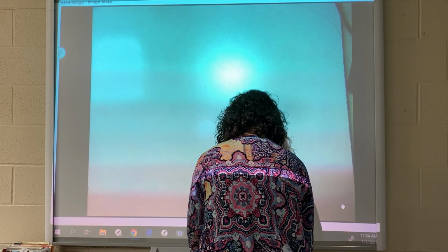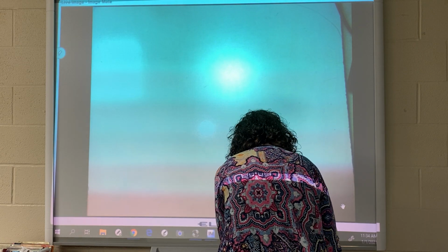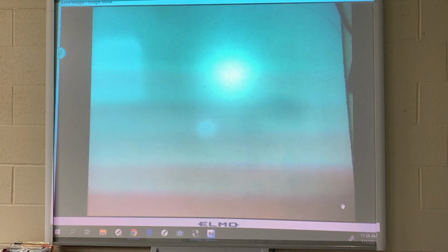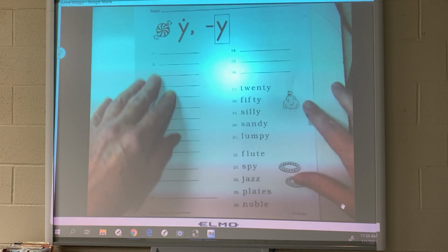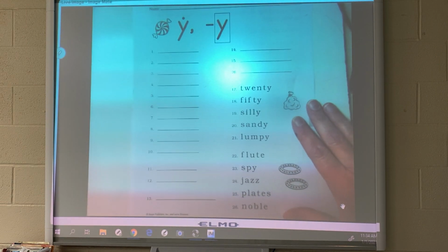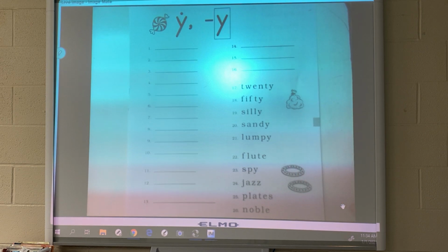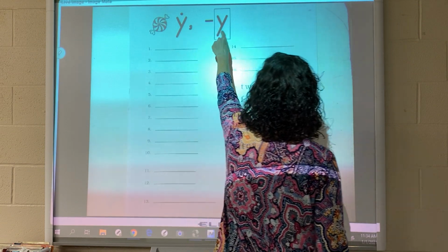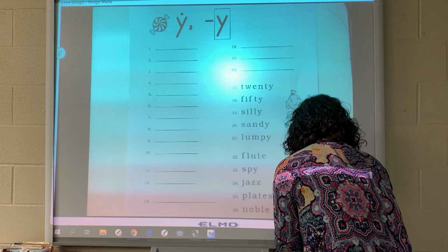All right, let me put our worksheet up there and we'll get to the next part. So today on this we're going to be doing both Y that says long E and Y that is a suffix.